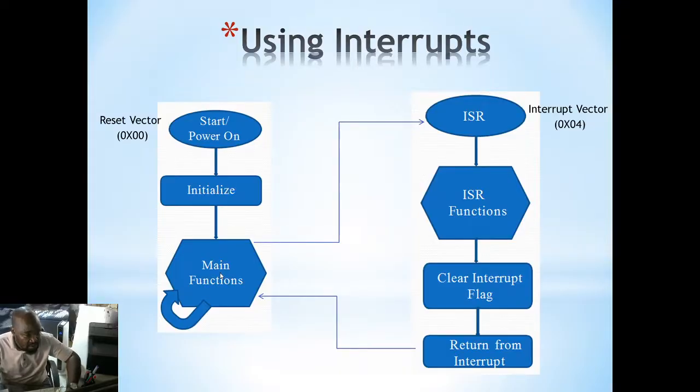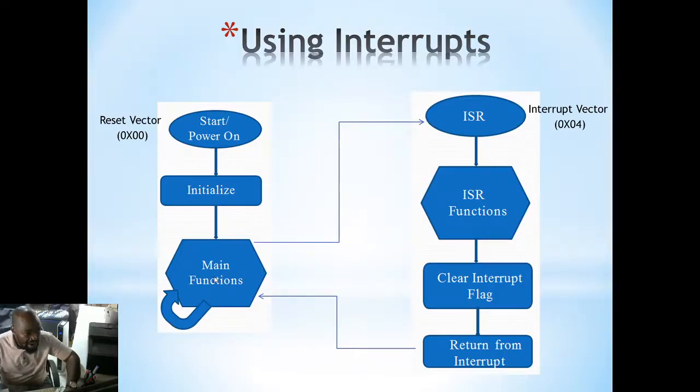To make use of interrupts, this still stands, but when you initialize, you also enable the interrupt which you want to use in your application. So it will be reset vector, go to initialize, set up your IO pins and other things, enable your interrupts, and then come into your main function.